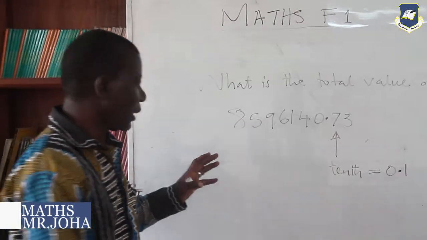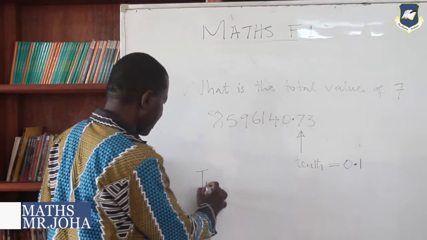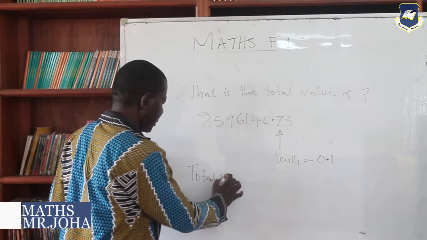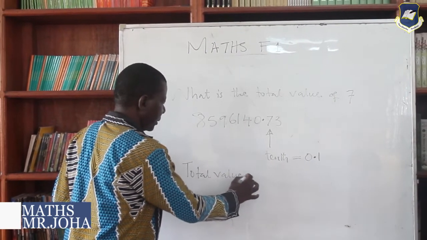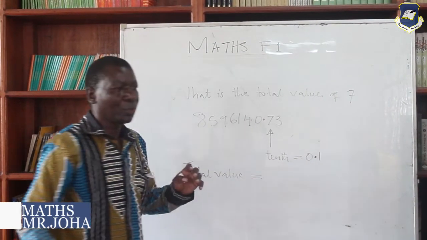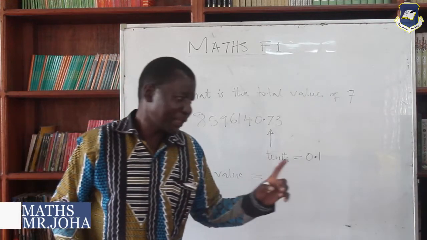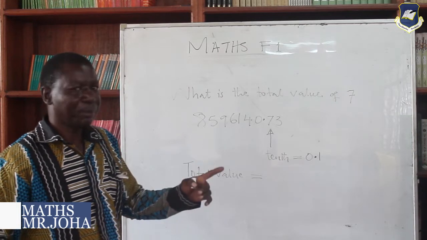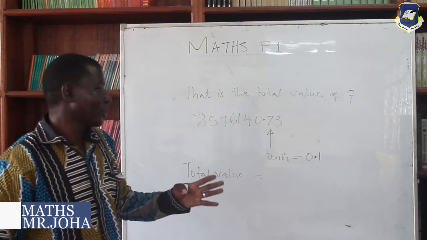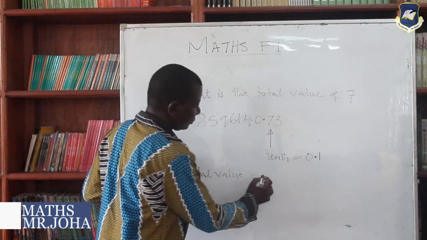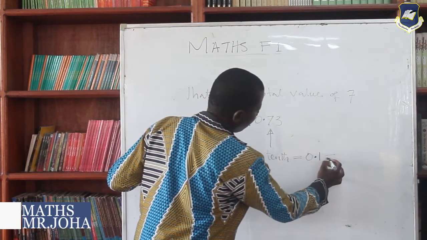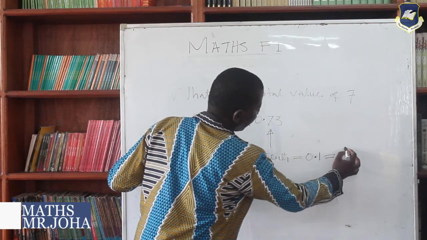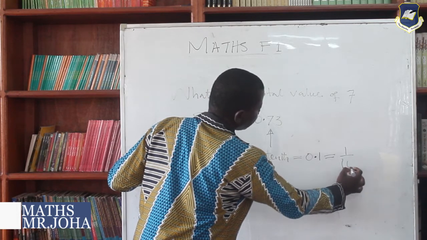So if we want to get the total value of 7, we pick that digit 7 and multiply by its place value, one tenth. We can also write one tenth as 1 over 10.